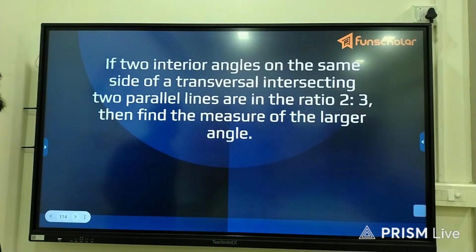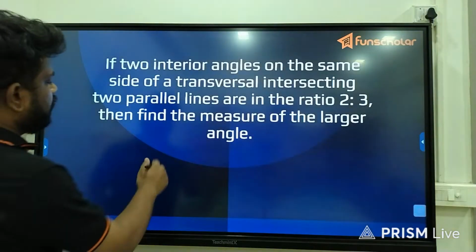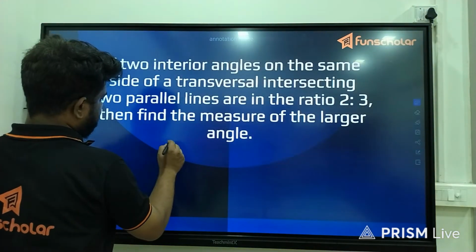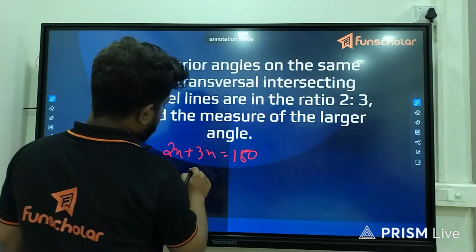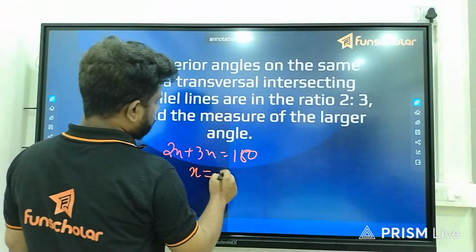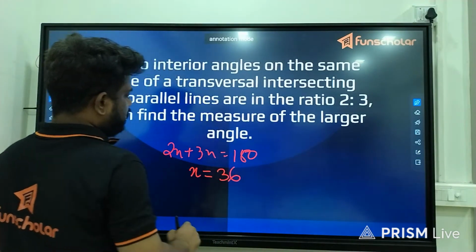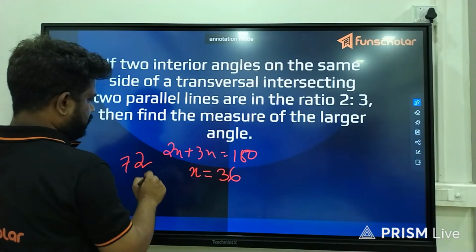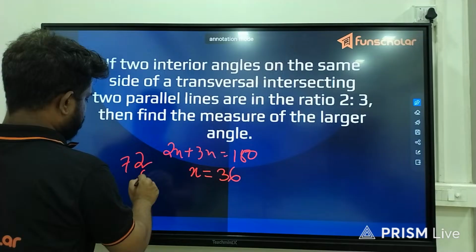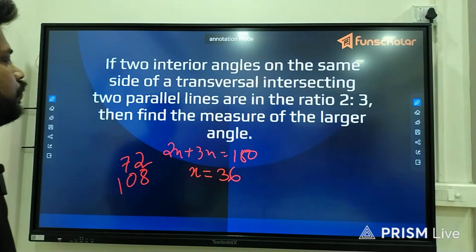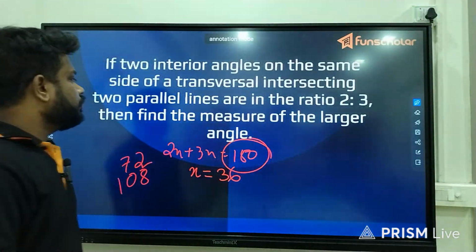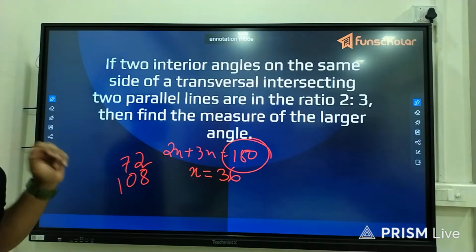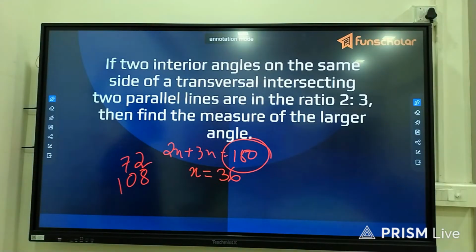If I take 2x plus 3x equals to 180 degree, so x equals to 36, and the angles are 72 and 108, because we already know that the sum of two interior angles is always 180 degree. So that's why it will be 72 and 108.